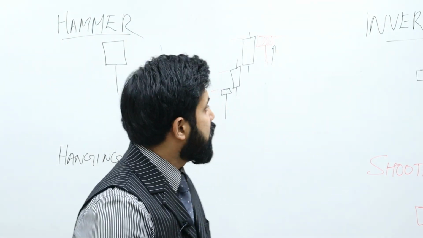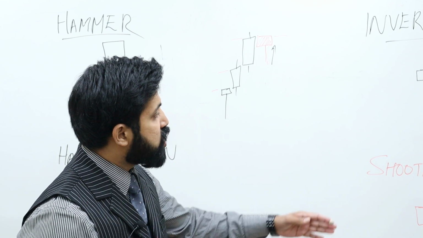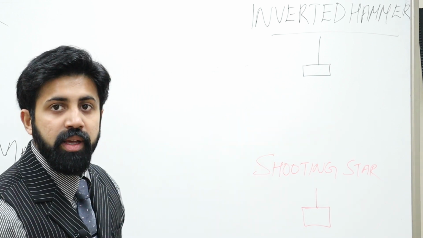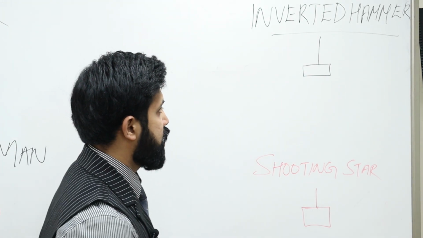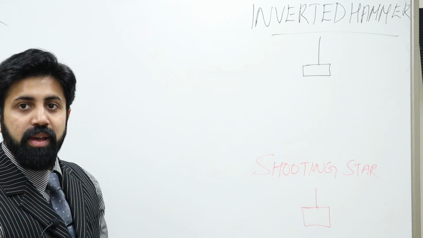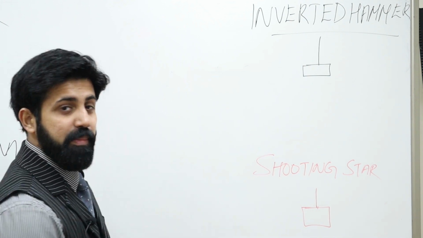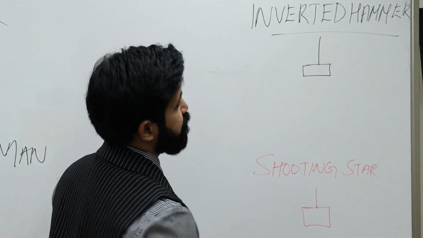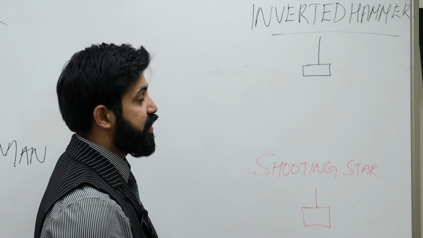Now the next 2 are going to be the inverted hammer and the shooting star. When you're looking at the inverted hammer, even though it's bullish, it is showing you something similar to the shooting star. The logic is similar, but what you have to understand here is you get this as a bullish identification pattern.